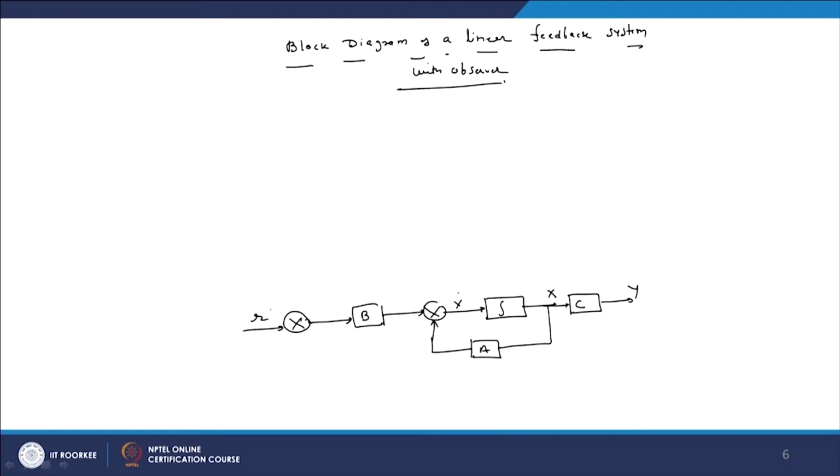In the observer, the states are represented by Xc. So, here Xc dot, now here Xc, this is the integrator. Now, here is the C matrix, here is Ye.